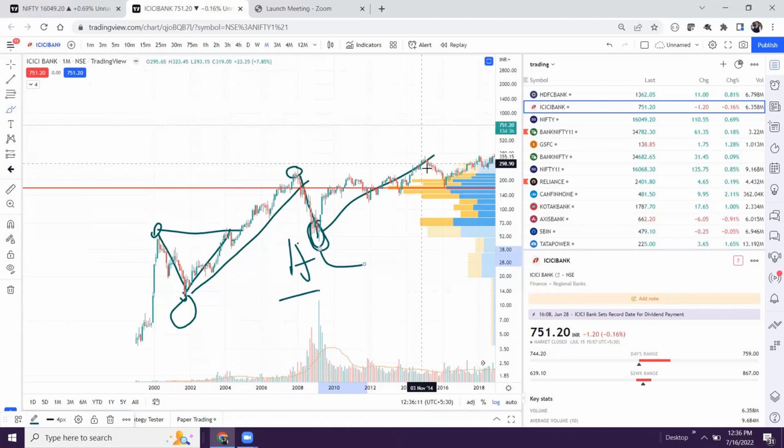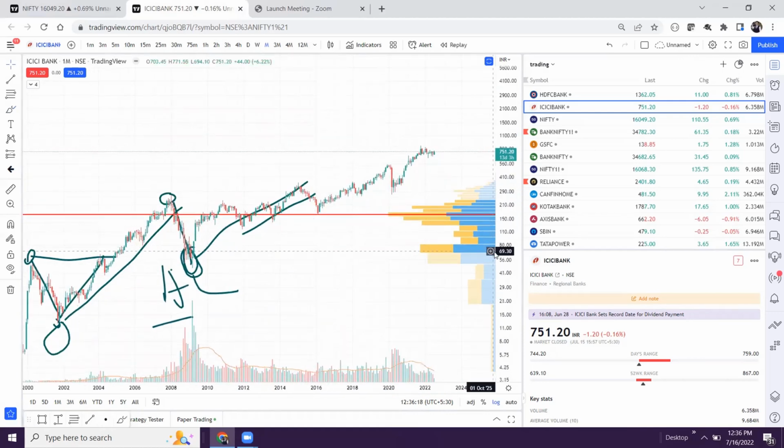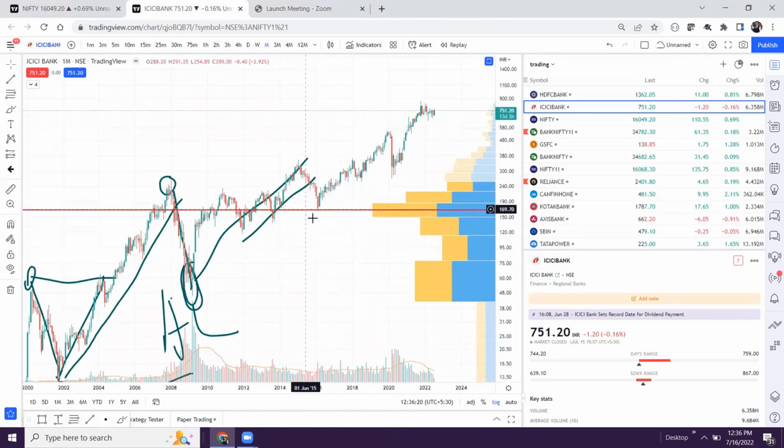Once this high is again taken out, you can see it again makes a low here. At the formation of the low, this is not yet the stop loss. Once it crosses this high, this swing low changes to this. So from this point, this is the new trailing stop loss.